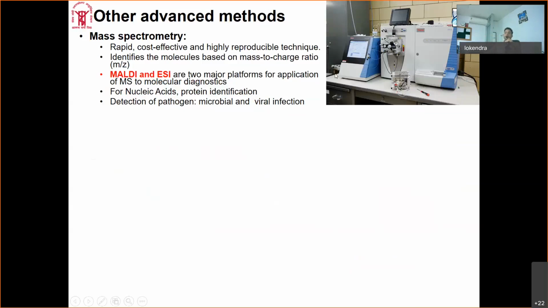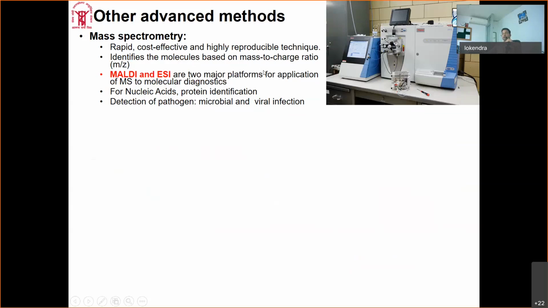Mass spectrometry is generally used to detect nucleic acids as well as proteins. It is primarily a separation technique. It is very rapid, cost effective, and highly reproducible. It identifies molecules based on their inherent property of mass to charge ratio, so molecular mass and charge.